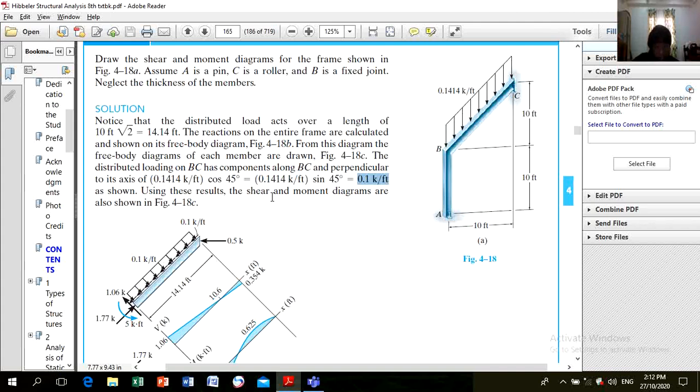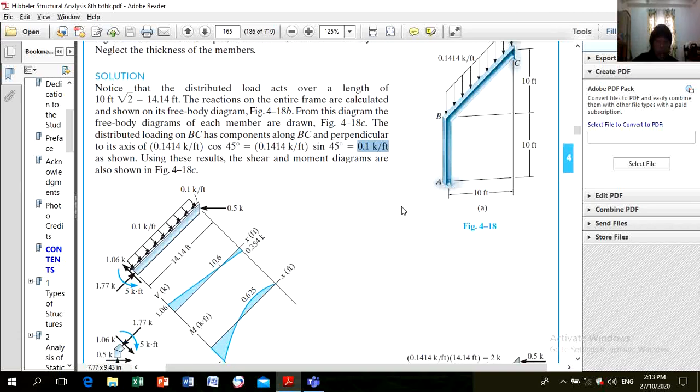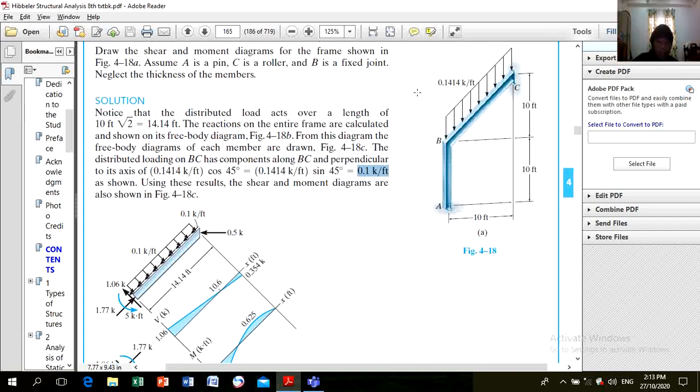Then 0.1414 sine 45 degrees, the same, it's 0.1, so downward. Okay, so this is now the vertical and horizontal component of the 0.1414.